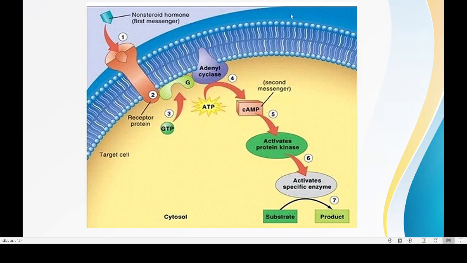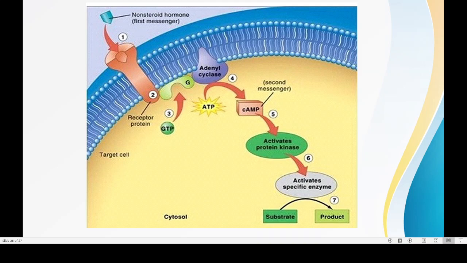Once again I will give you an idea. This is the hormone. This hormone binds with this receptor protein. As a result of this binding, the shape of the G protein changes.